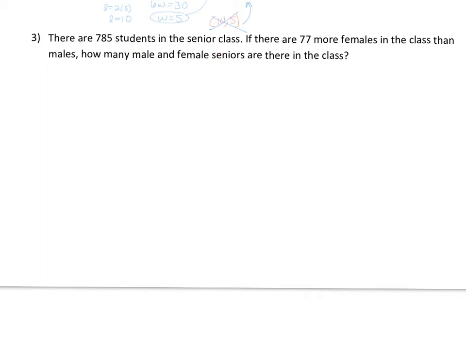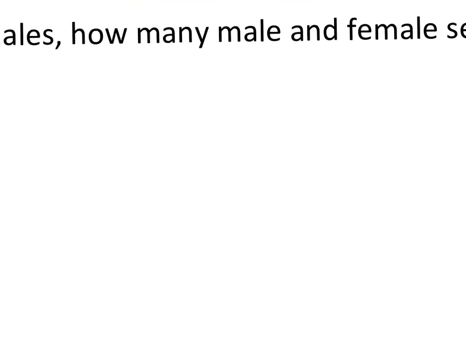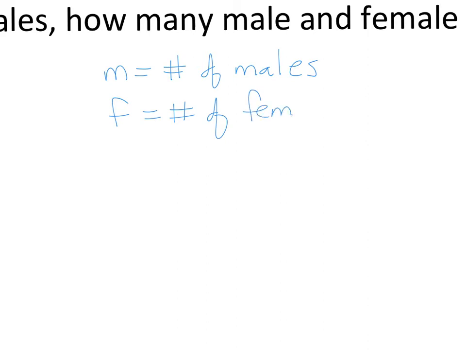So what are we looking for? We're looking for males and females. So I'm going to go ahead and put M equals number of males, and you could even put senior males if you wanted, and F equals number of females. Okay.